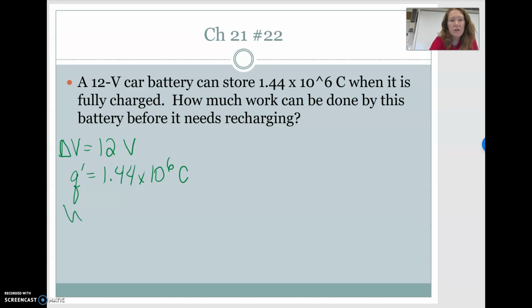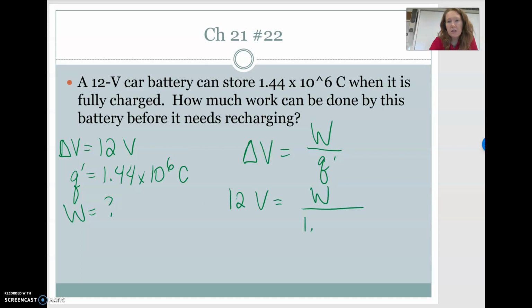So we're going to try to find the work using our new formula. When we do this, we're going to plug in what we know, and then we're going to multiply both sides by the amount of charge.